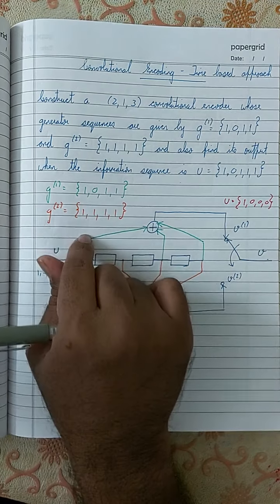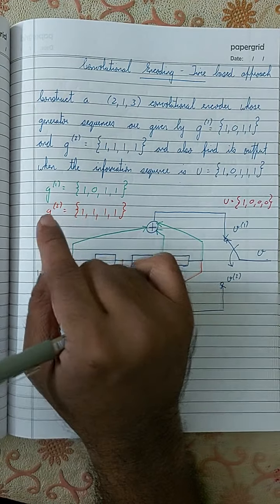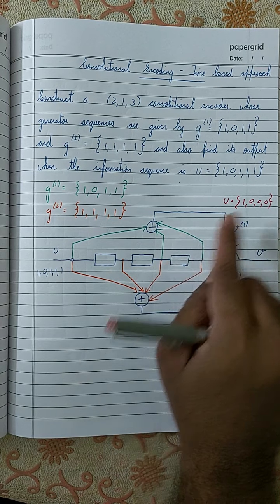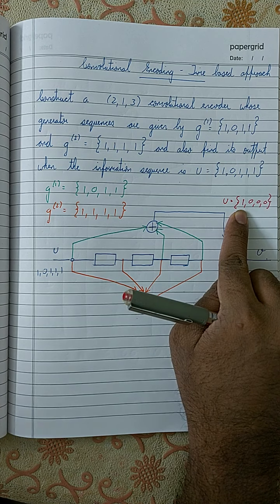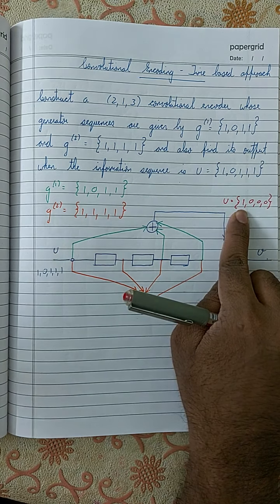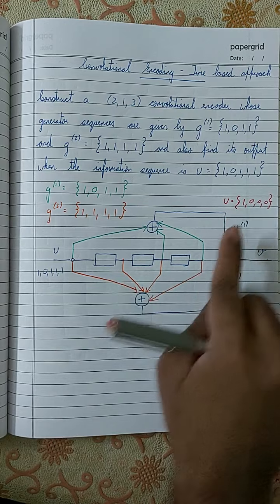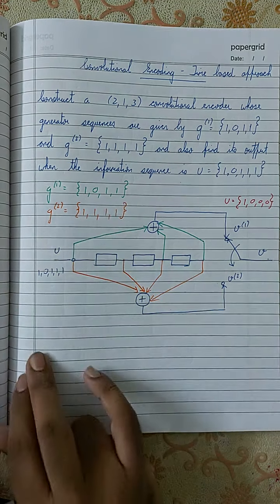These generator sequences are nothing but the impulse responses of the circuit when the input is a single impulse. If you simply apply a 1 bit and the remaining zeros, which you apply in order to flush out the answer, you will get the same values as your generator sequence. Okay, that's it. Enough of story.